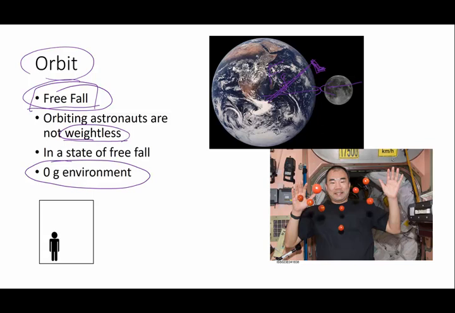Something equivalent to being in orbit: if I could put you in an elevator or a camper and close all of the windows so that you could not look out, and we dropped you from a very, very high altitude, you couldn't see or feel the wind rushing by you. As you were falling downward, you would be in a state of free fall, and you could not tell the difference.